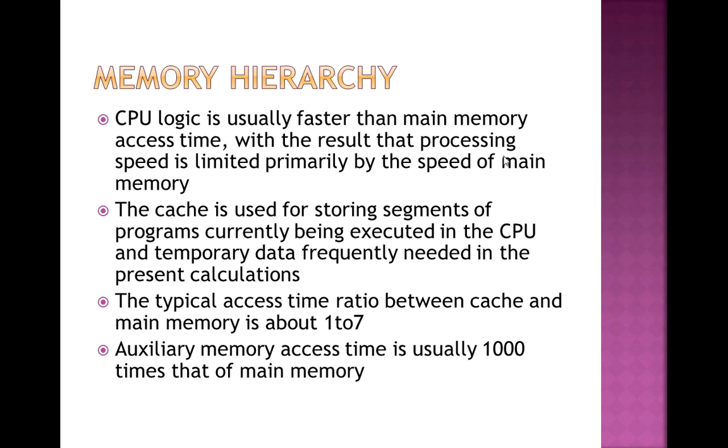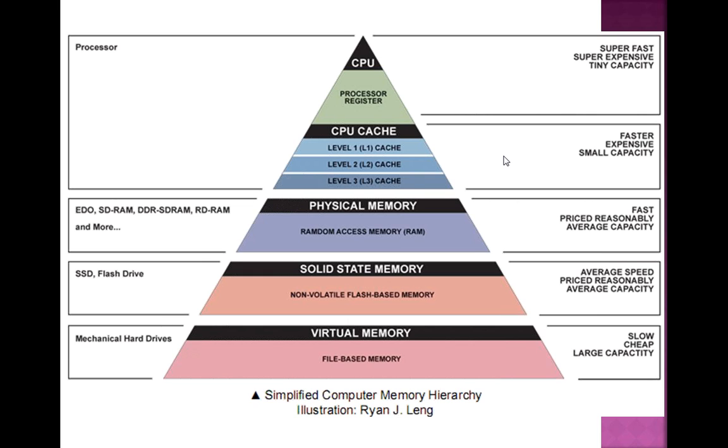Next point says auxiliary memory access time is usually 1000 times that of the main memory. That is, the auxiliary or secondary memory is about 1000 times slower than the main memory.